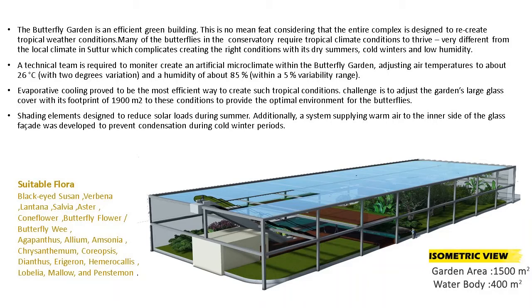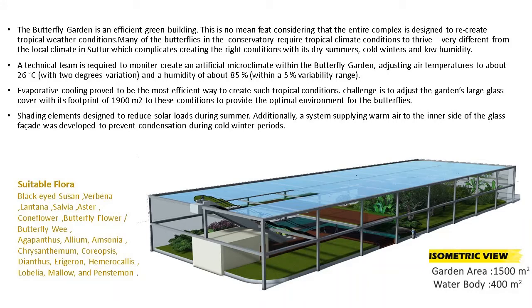The entire structure is designed to recreate a tropical weather condition which is necessary for the butterfly to survive, and a specific temperature of 26 degrees Celsius and humidity level of 85% should be maintained inside this structure. Operative cooling will be the most effective way to create such tropical conditions.